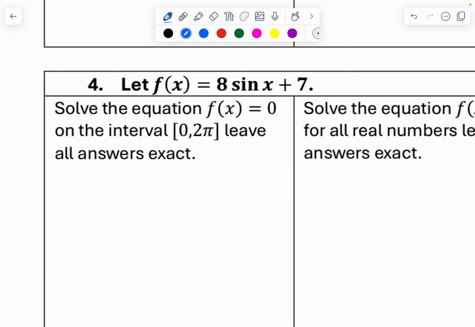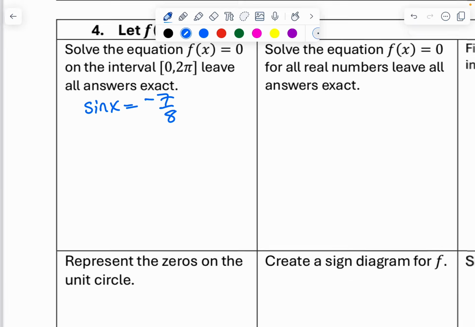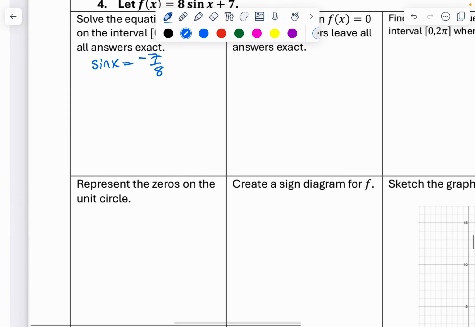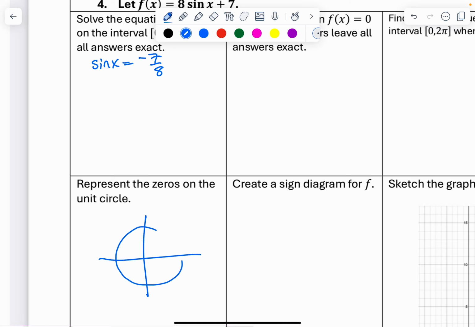Okay, so when I go to solve this, I get sine of x equals negative 7/8, and this is not unit circle friendly. What that means is somewhere we have a y value of negative 7/8 that's intersecting my circle, and it's kind of close in to -1 right here.